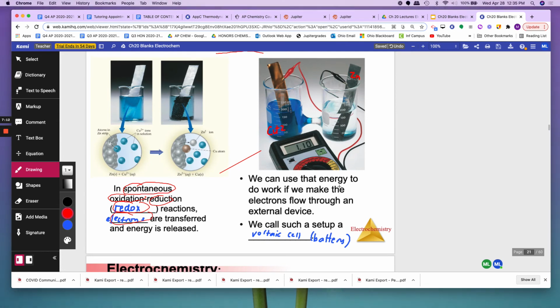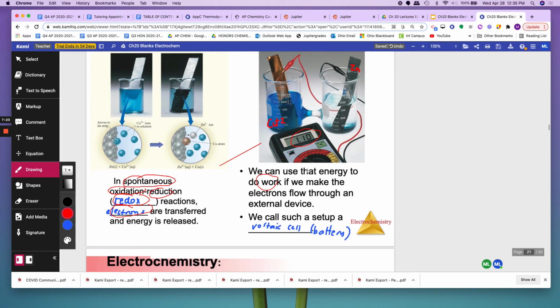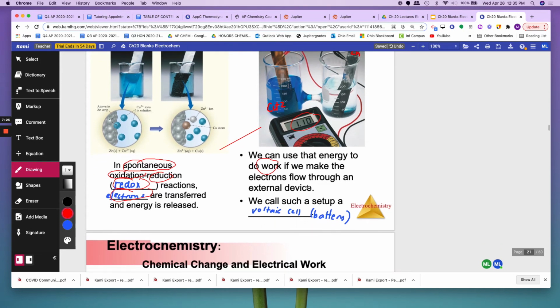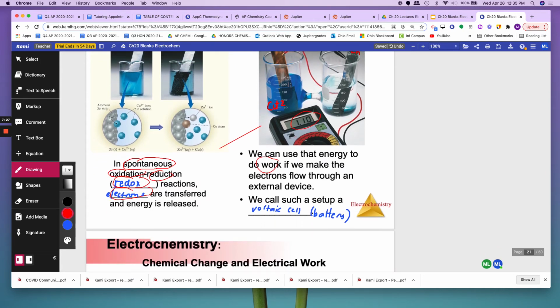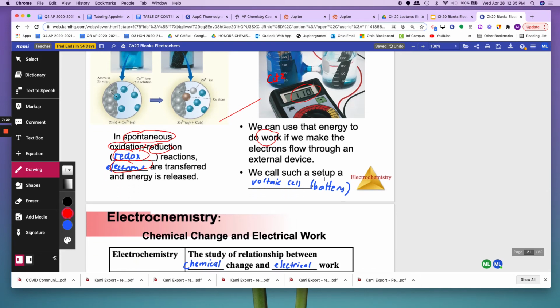We can use that energy to do work, and if we put a wire across it, we can measure that potential. This is called the voltage. This gives you a 1.10 voltage. Okay, if we make the electrons flow through an external device, of course it has to be in separate beakers, we call the setup a voltaic cell or a battery.